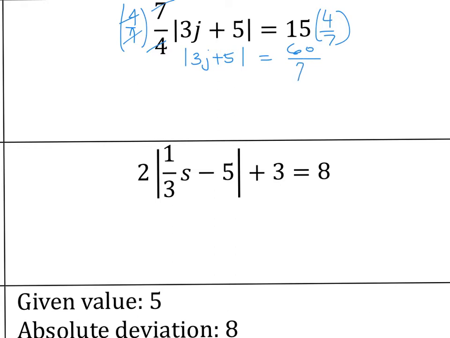Now, I'm going to solve one part right here. So first we need to set 3j plus 5 equal to 60 over 7. Now, for the other one, 3j plus 5 can also be negative.